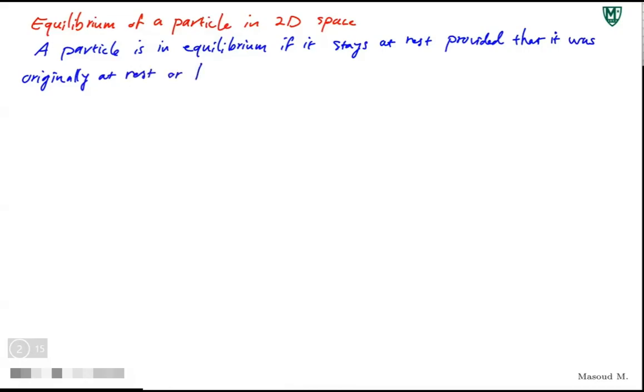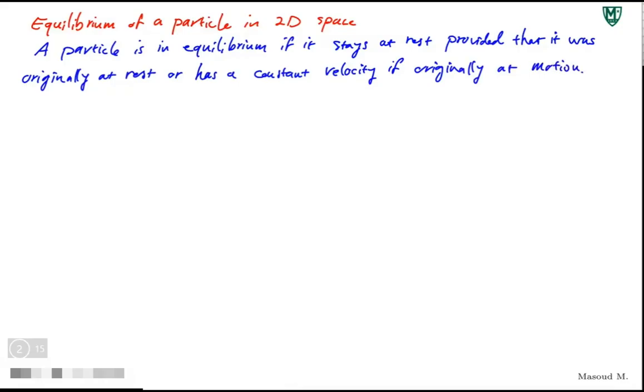or has a constant velocity, let's say velocity, if originally in motion.